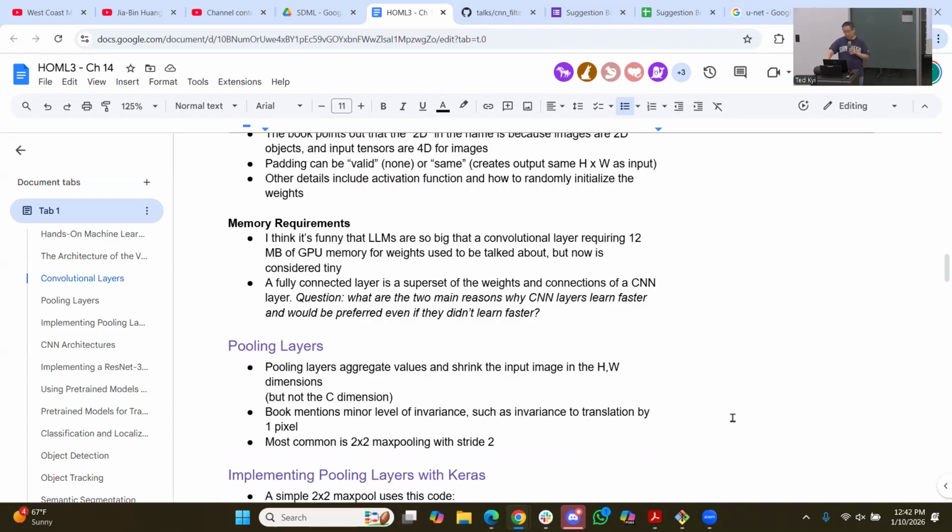And then the book's talking about this layer requiring 12 megabytes to store the weights on the GPU, and now we're talking about LLMs with 1 trillion parameters. So 5 orders of magnitude bigger than this one layer. And this is not a whole model, it's just one layer. But still, the reality is, as big as they may seem, by today's standards they're not big at all.